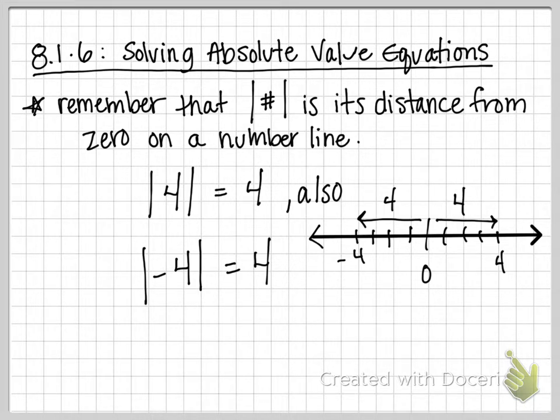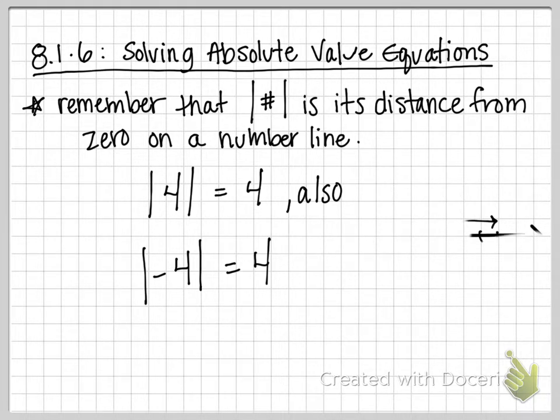So what that means for absolute value equations, when we see them in equation form, is that there will be two possibilities for what our answer can be, because a -4 has an absolute value of 4, and a +4 has an absolute value of 4. So the same number coming out as the simplified output means we can have two possibilities inside. Does that mean infinitely many possibilities? Just 2, for now.